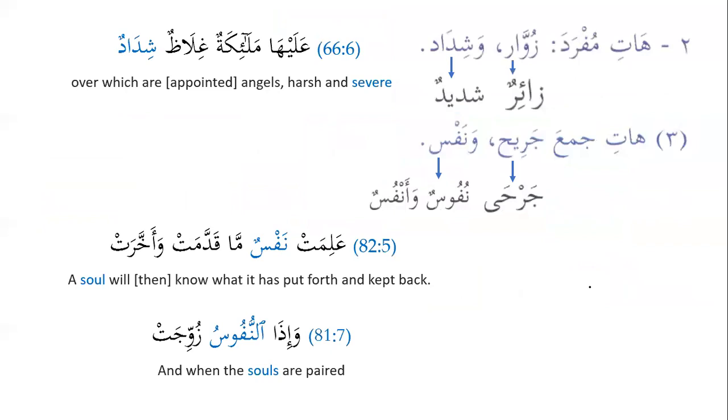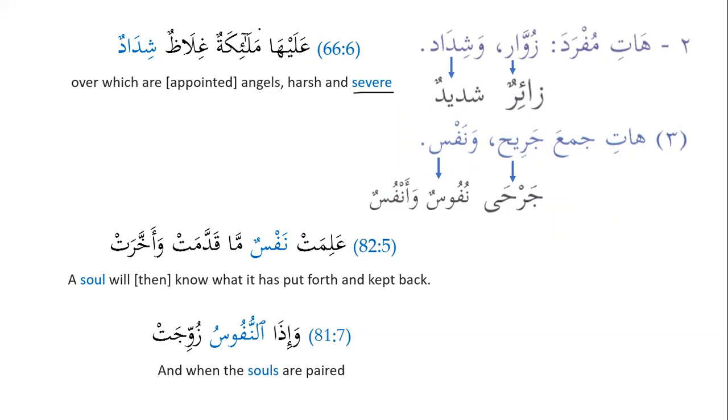Then we have here hati mufrada. So now we have to provide the singular of zuwarun, and the singular is zairun, and of shidadun, the singular is shadidun. Zuwarun, visitors, and shidadun, harsh and severe, basically. So if you see here the verse of the Quran, alayha malaikatun ghiladun shidadun, over which are appointed angels, harsh and severe.